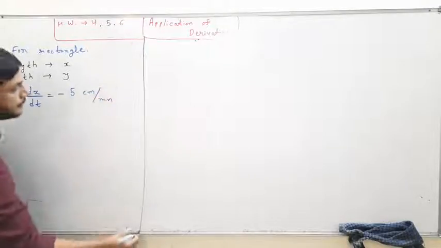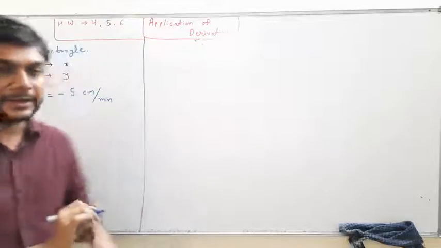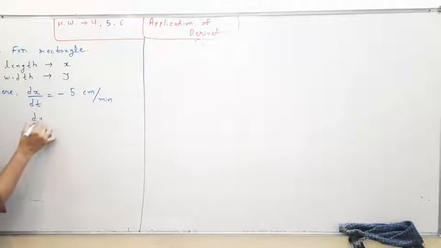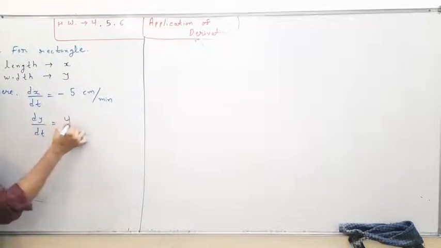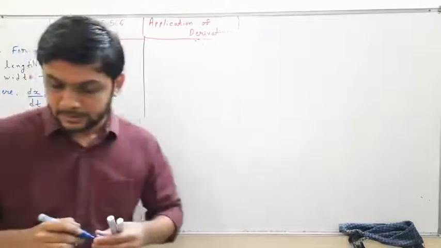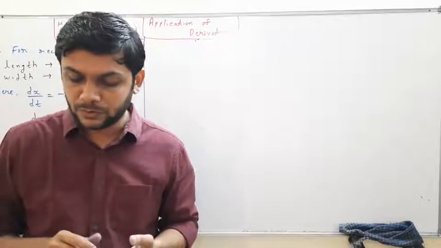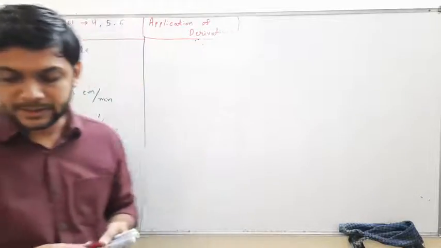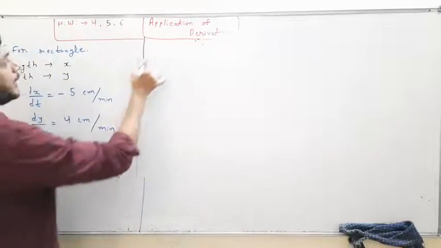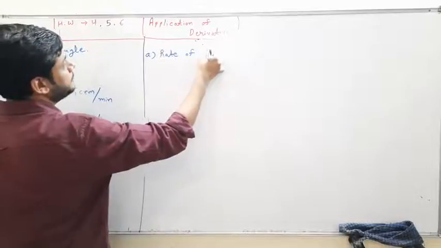The width y is increasing at the rate of 4 centimeter per minute, meaning y is increasing, so it is plus 4 centimeter per minute. When x is 8 and y is 6, find the rate of change of the perimeter and the area of the rectangle. First we have to find the rate of change of perimeter.